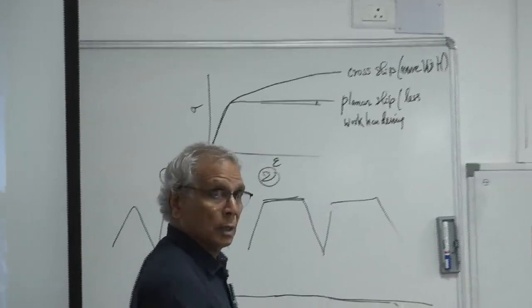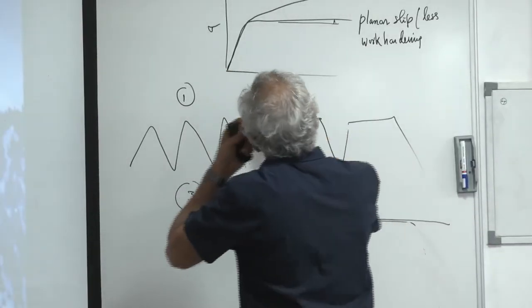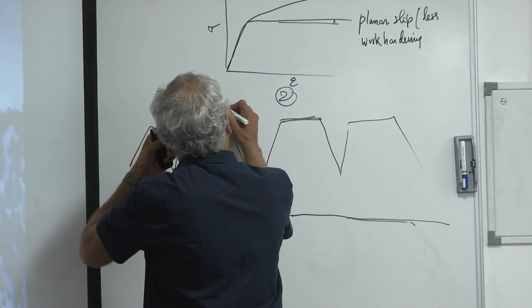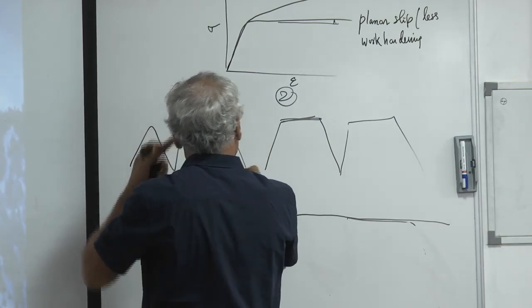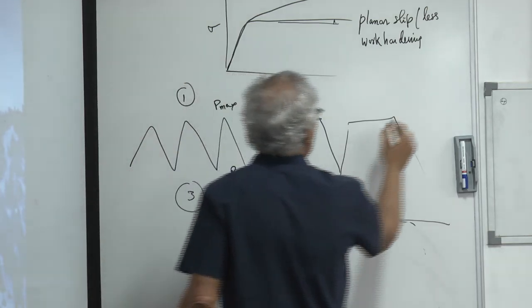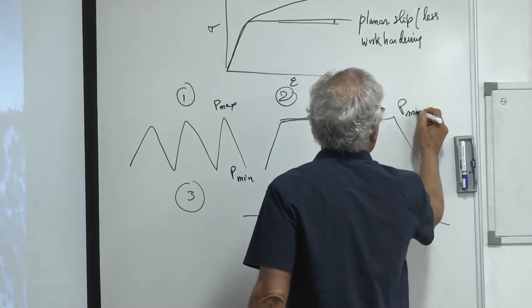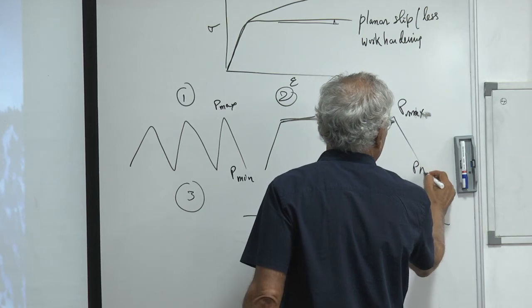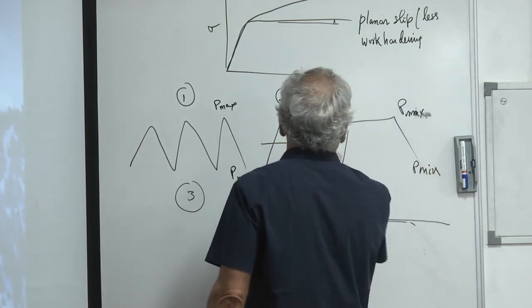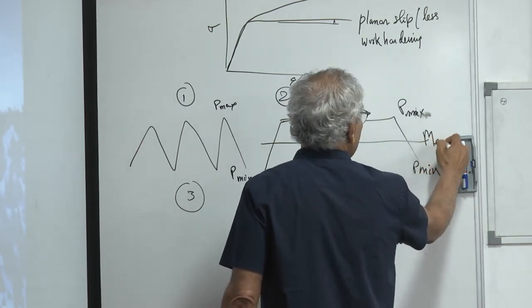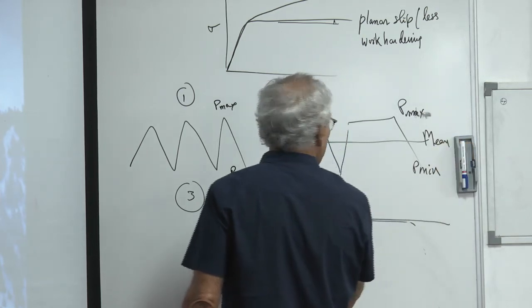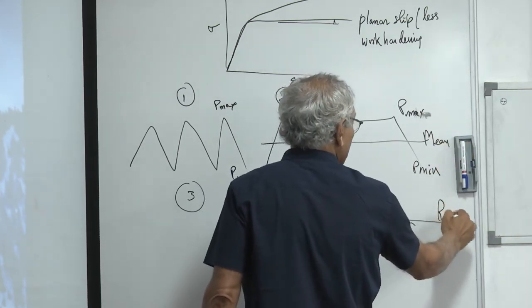That's my dead load. Okay? So this is my P max, my P min, or if you want to have a mean stress, there is a mean stress. Okay? So you can have this as your P max dead load.